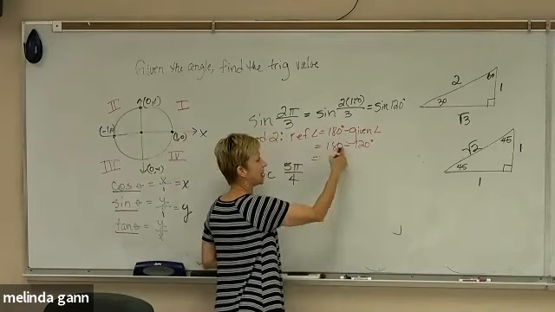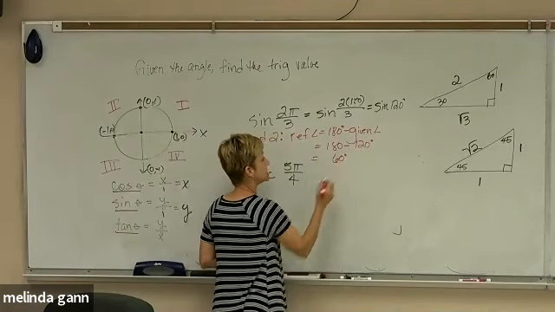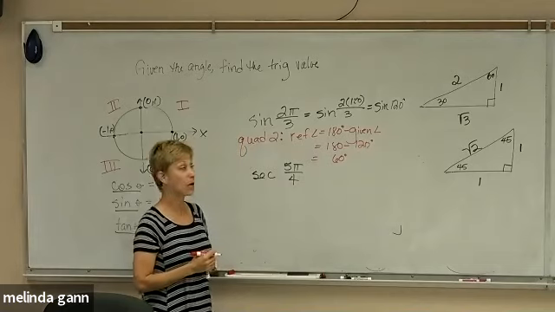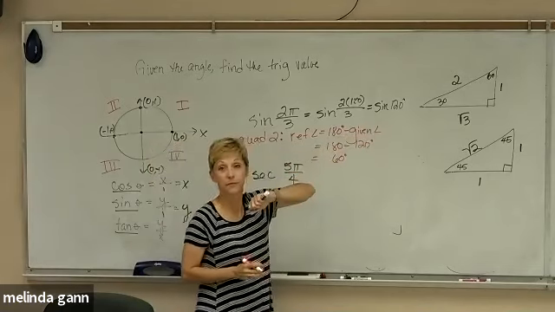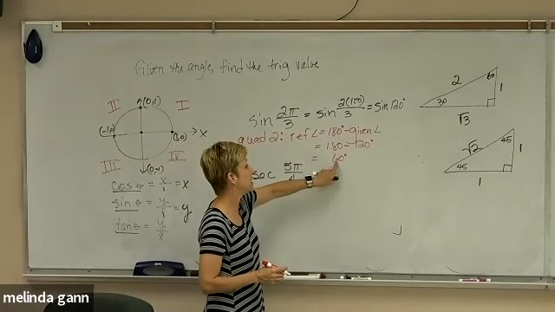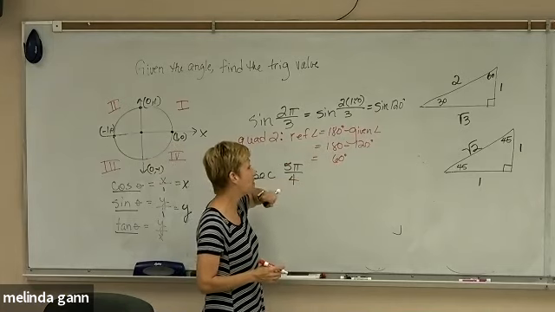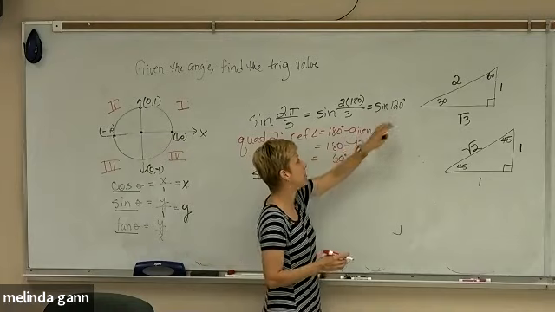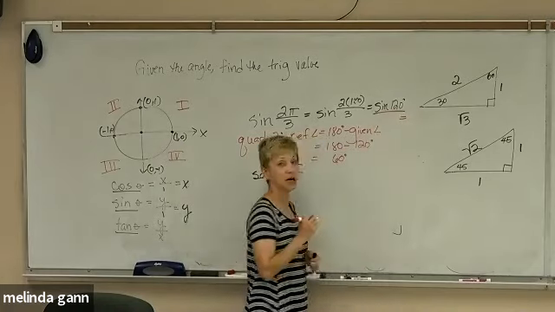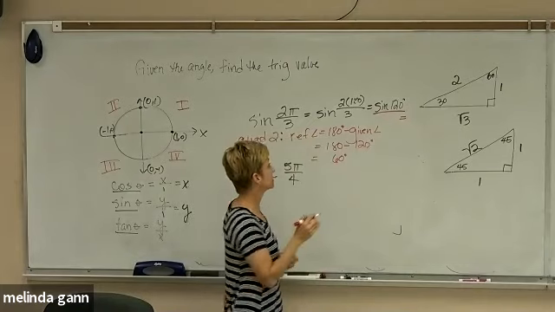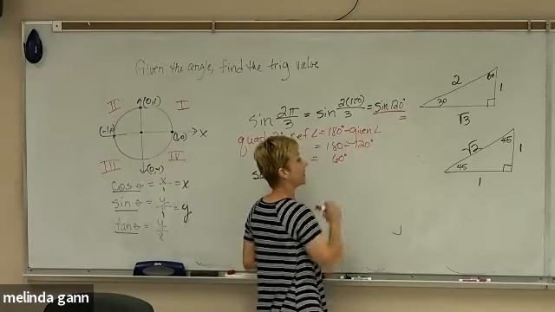So 180 minus 120 is 60. So we're going to need to work with this 60 degrees. That's going to give us the number part. The quadrant tells us whether our answer is positive or negative. So if I'm trying to find the sine of 120 degrees, now does sine depend on x or y?